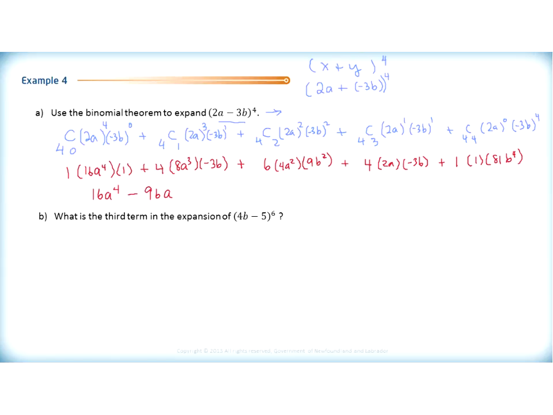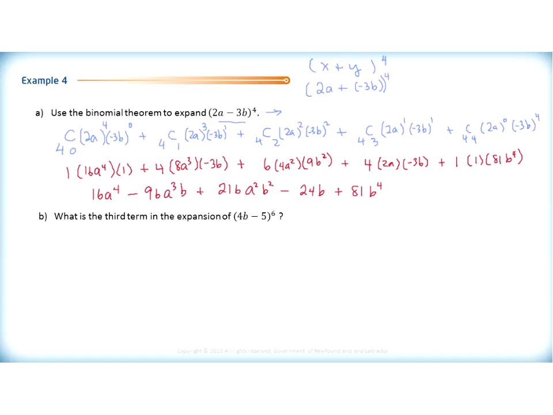So I get a negative 96a cubed b plus 4 times 6 is 24 times 9. It's 216. 216a squared b squared plus 4 times 2 is 8 times a negative 3 is a negative 24, so I guess I can make this subtract here. Plus 81b to the power of 4.